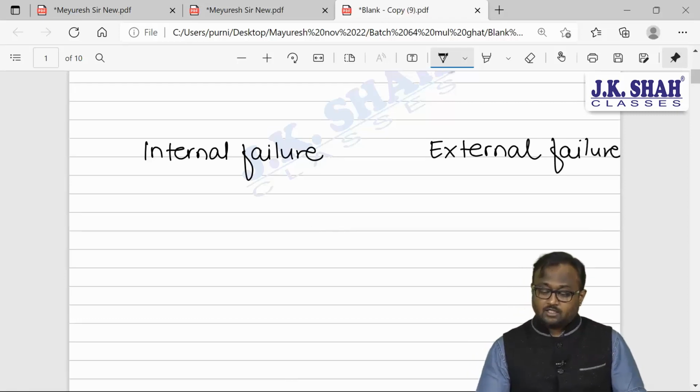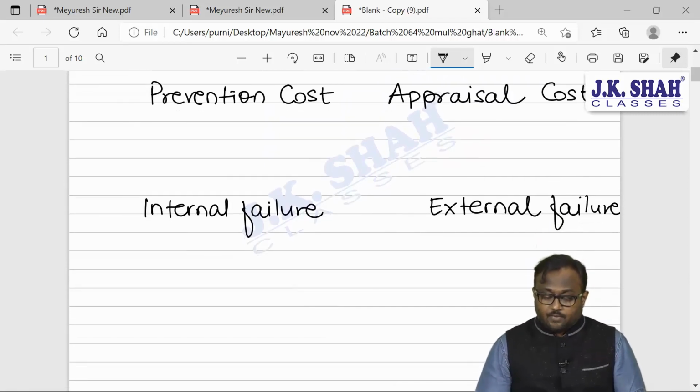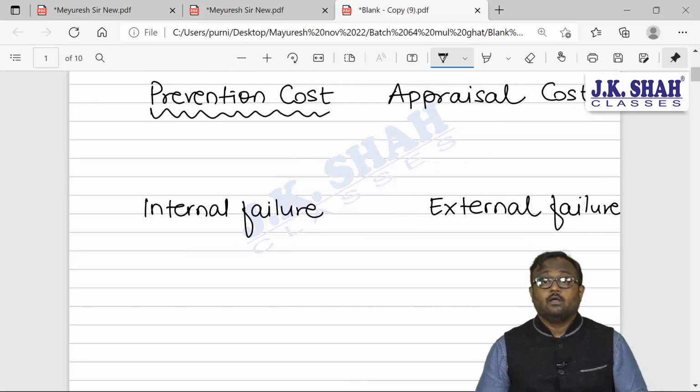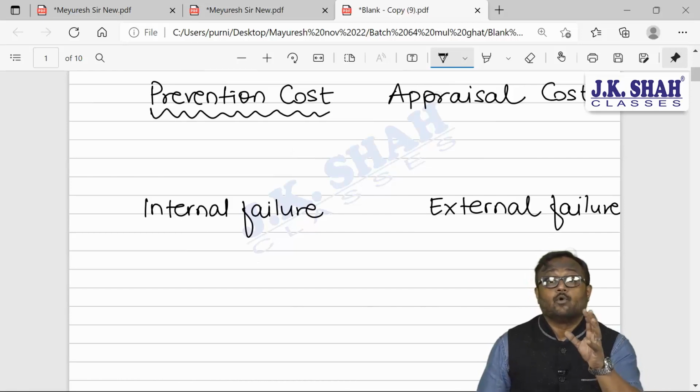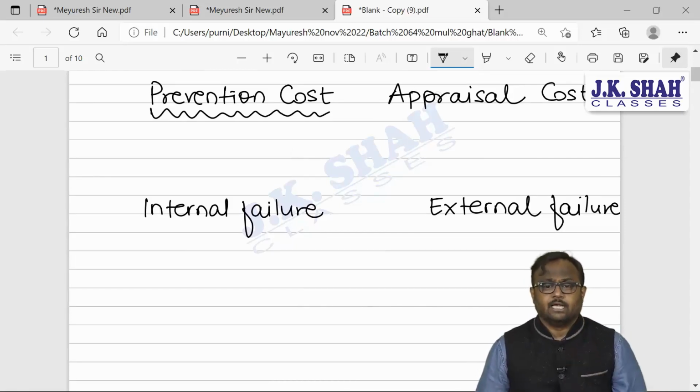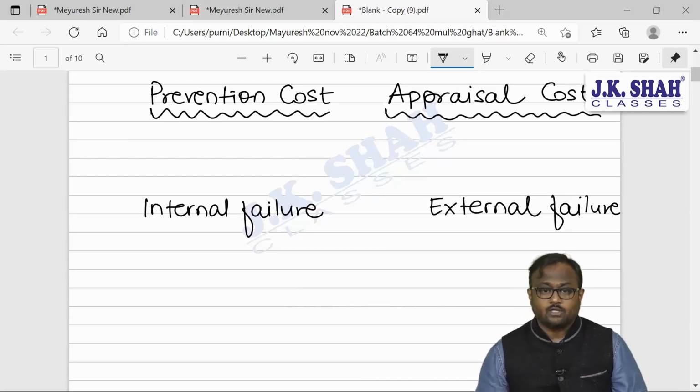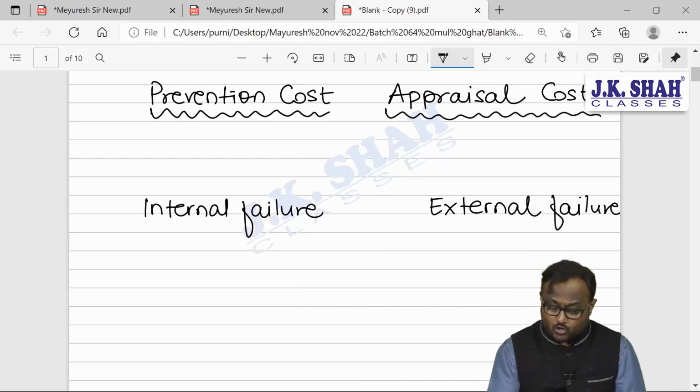So you need to understand these 4 aspects. Prevention cost will take steps towards stopping or minimizing the emission. Appraisal cost will help you out in finding out whether the emission is under control or not.